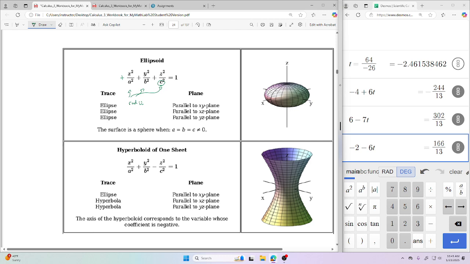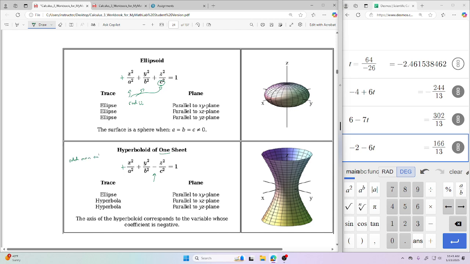Keep cruising. Hyperboloid of one sheet. If you look at the positives and negatives, you have two positives and one negative. One negative, one sheet. This is how we figure these things out. How you know what it's revolving around is the thing that I call the odd man out.